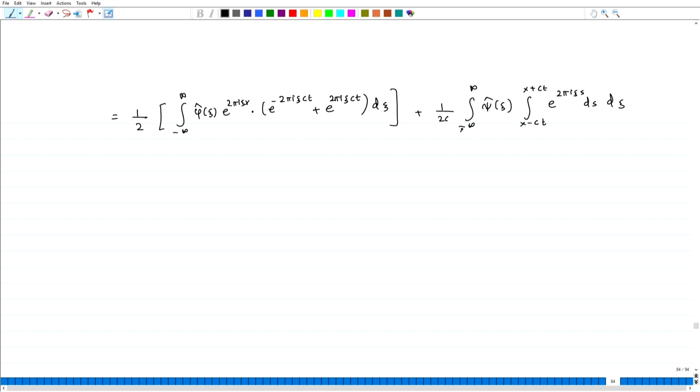Now this is 1/2 times the integral from minus infinity to infinity of phi hat(xi) e^(2 pi i xi x), and this is 2 times cos(2 pi xi ct) d xi, and then the psi part.